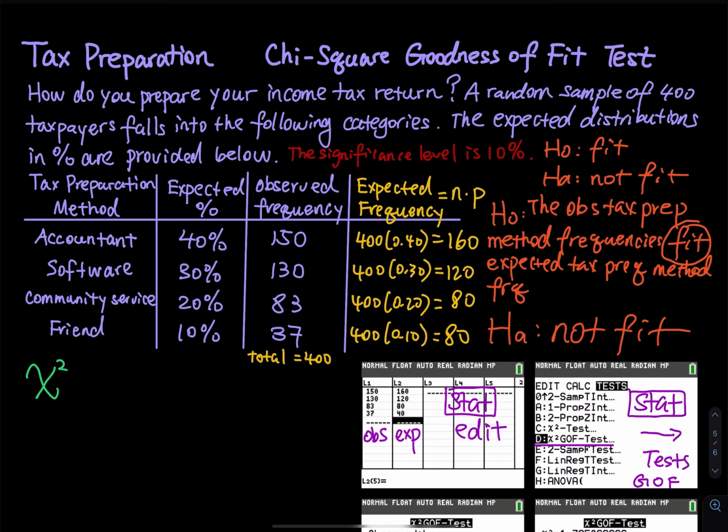So this is a chi-square symbol that equals the summation of observed minus expected squared divided by expected, and then you do this for every single row. So let's do the first row, accountant.